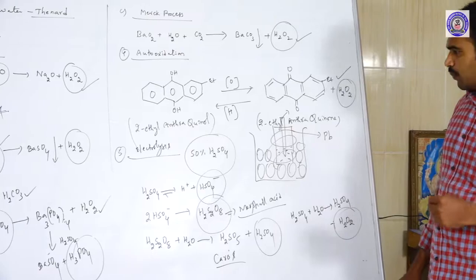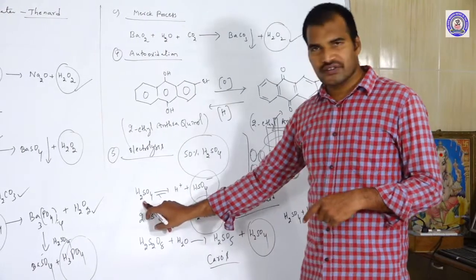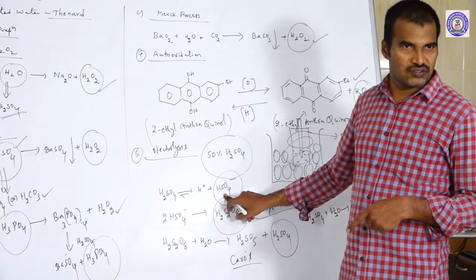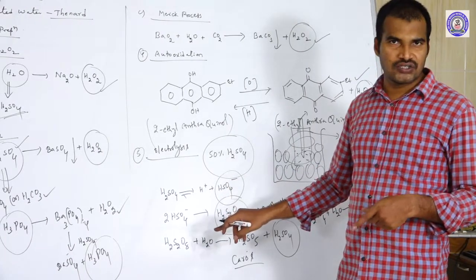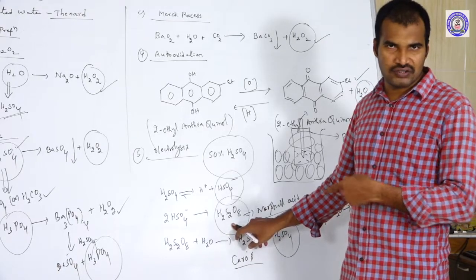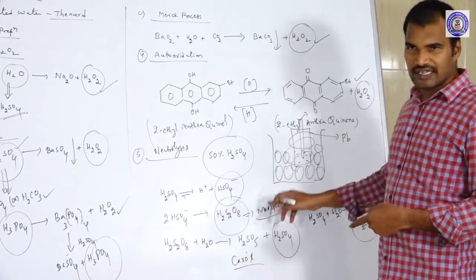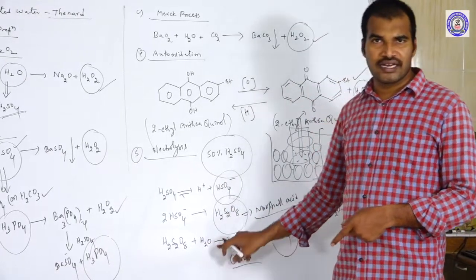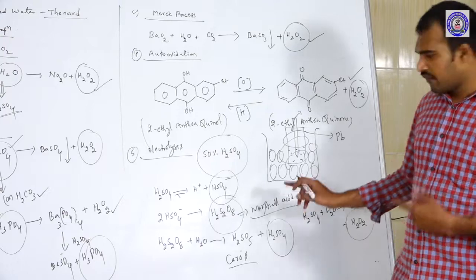So this is a 3-step process. First, 50% H2SO4 has bisulfate ions. When these are electrolyzed, we get H2S2O8, disulfuric acid, which is Marshall acid. On hydrolysis, this gives sulfuric acid and Caro's acid.